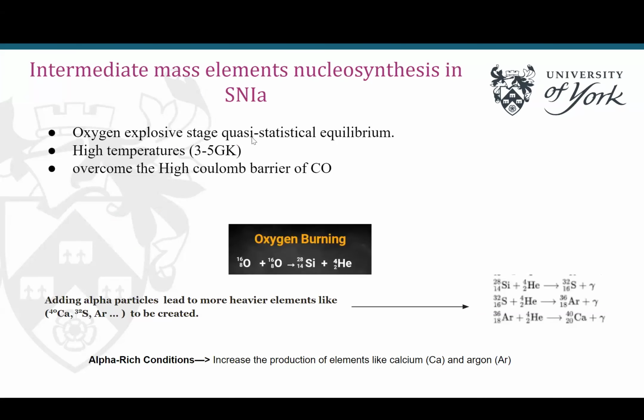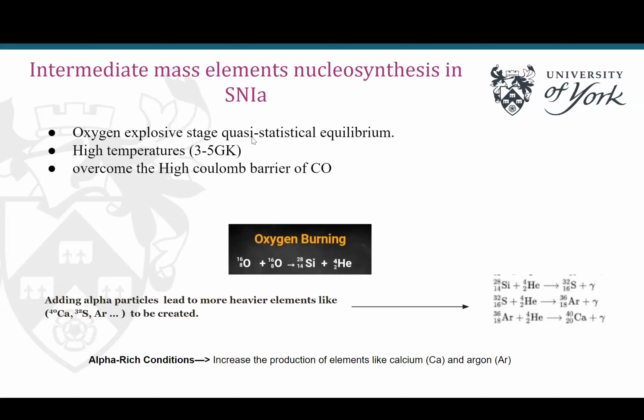Such intermediate mass elements are produced during the oxygen explosive stage, where the high temperature allows the nuclei to overcome the high Coulomb barrier of oxygen, and by fusing oxygens, we will have silicon and other intermediate elements by capturing alpha particles during this stage.